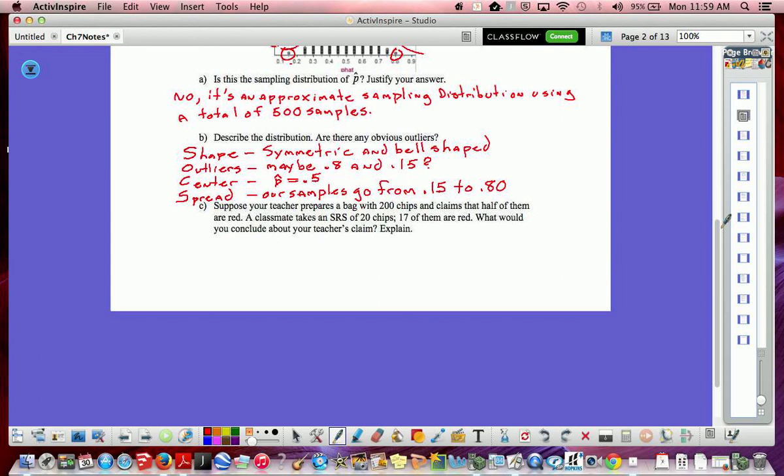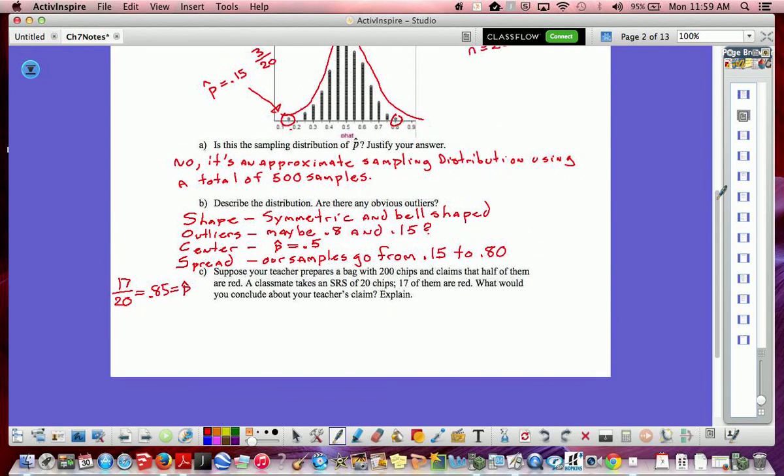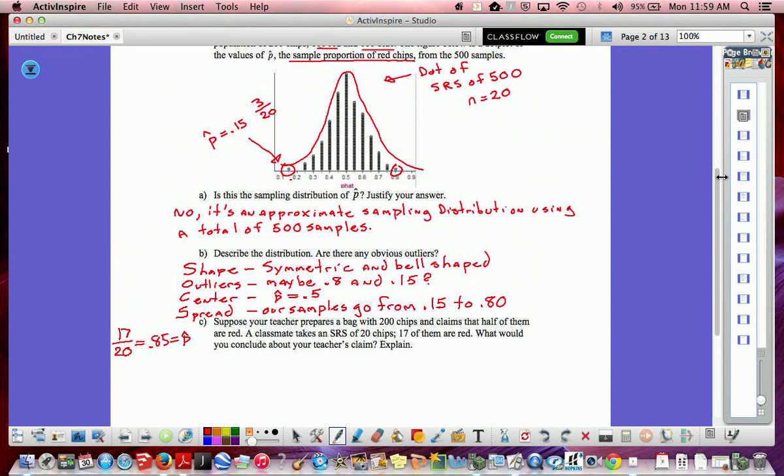Well, let's think about this. 17 out of 20. What is that as a sample proportion? 0.85. So that's our p hat. How often, when we did a simulation where it actually was half red, did 0.85 actually occur? Up here, how often did 0.85 occur?